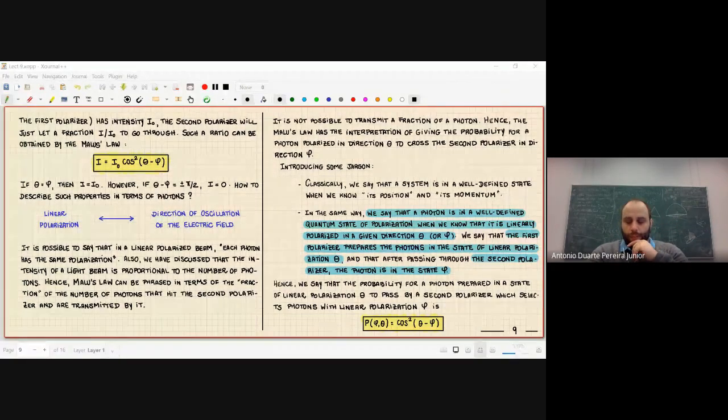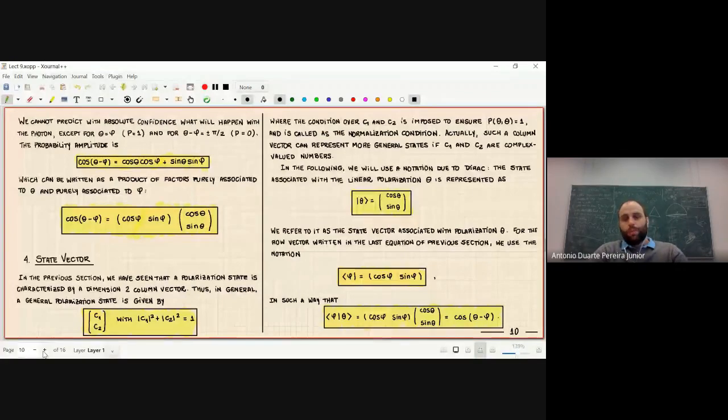Okay, so we have discussed this fact about the probability of getting photons with a given polarization after being prepared in another polarization. And what we started doing yesterday was to observe that I could rewrite not the probability, but a part of the probability.